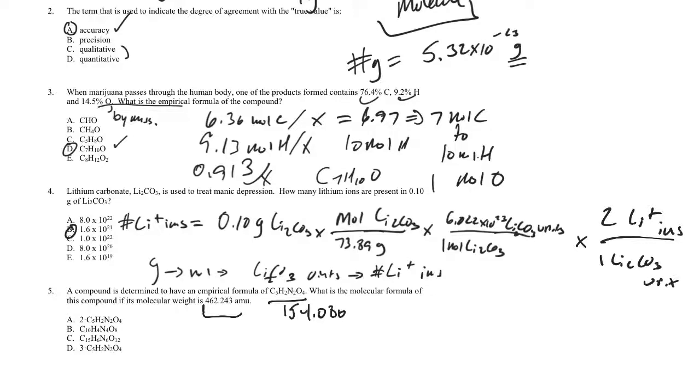And so we're going to take the molecular weight, divide by the empirical, figure out how many of the empirical units are in the molecule. 462.243 divided by 154.086 works out to 3. Okay, so the formula should be C15H6N6O12.